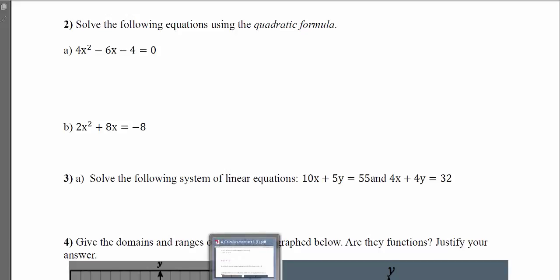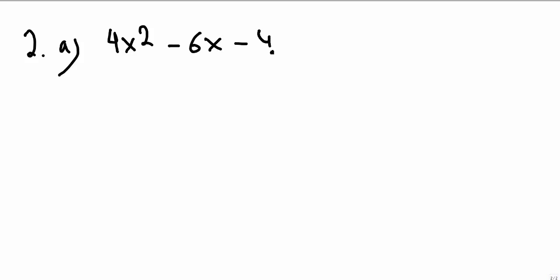So number 2a, 4x squared minus 6x minus 4, and now it says that it's equal to 0.